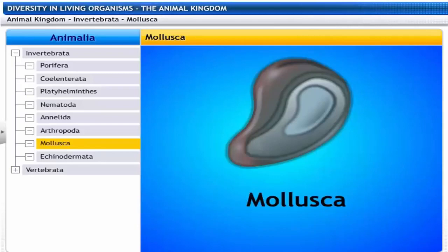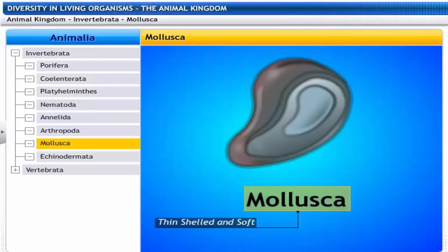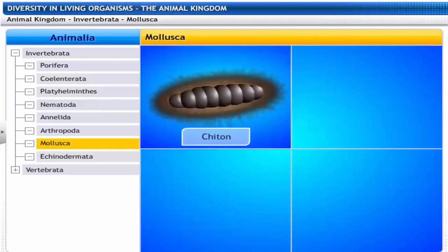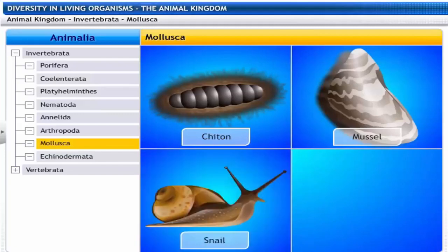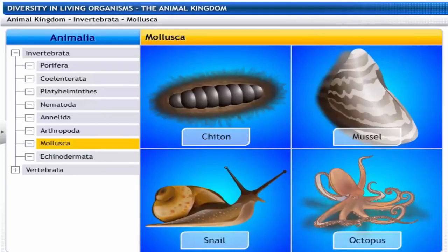The name Mollusca is derived from Latin. It means thin-shelled and soft. Phylum Mollusca includes chiton, mussel, snail, and octopus.